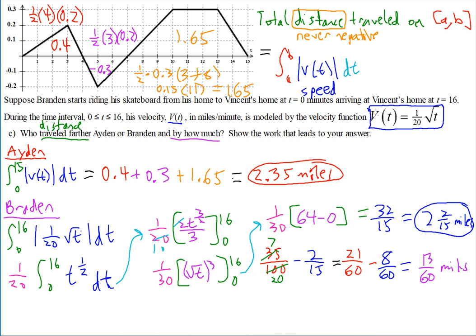So that's the difference between them. That's how much farther Aiden traveled. So we just have to write our answer here. Aiden traveled 13 over 60 miles farther than Brandon.